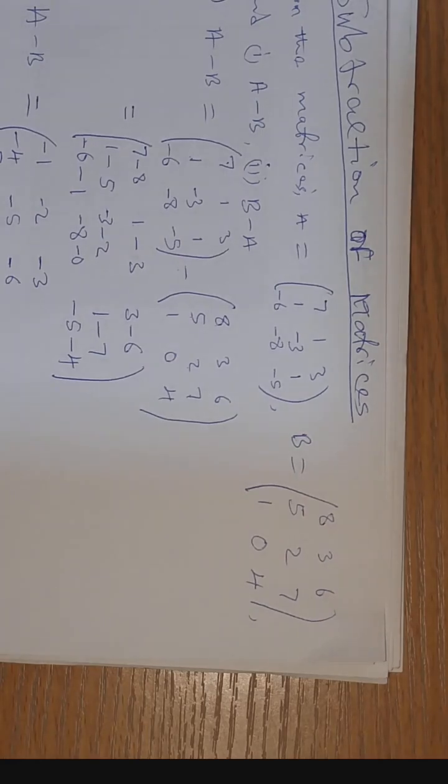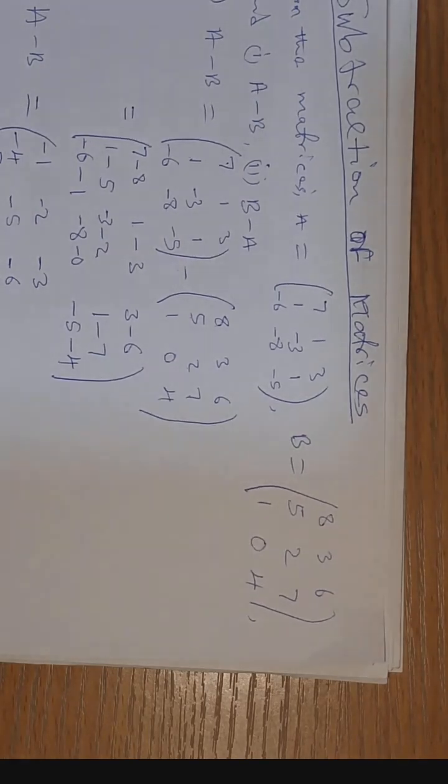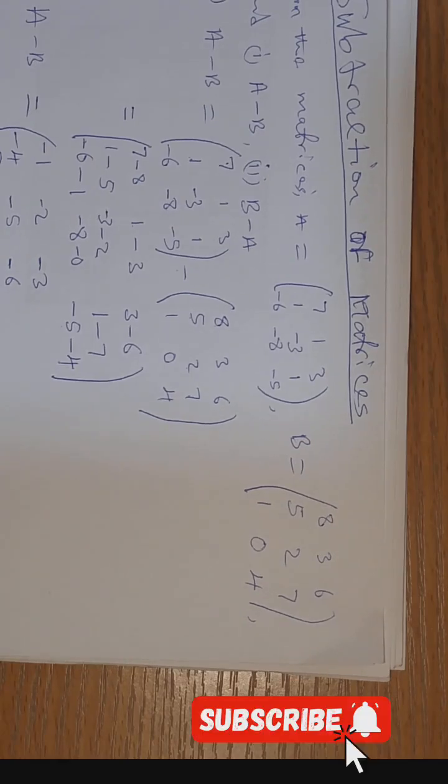B minus A is equal to, we have now 8 3 6 5 2 7 1 0 4 minus open bracket 7 1 3 1 minus 3 1 minus 6 minus 8 minus 5.